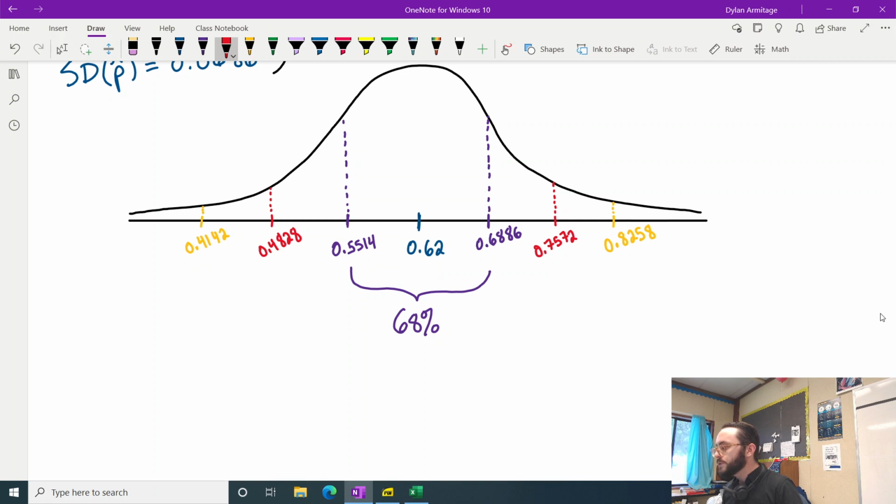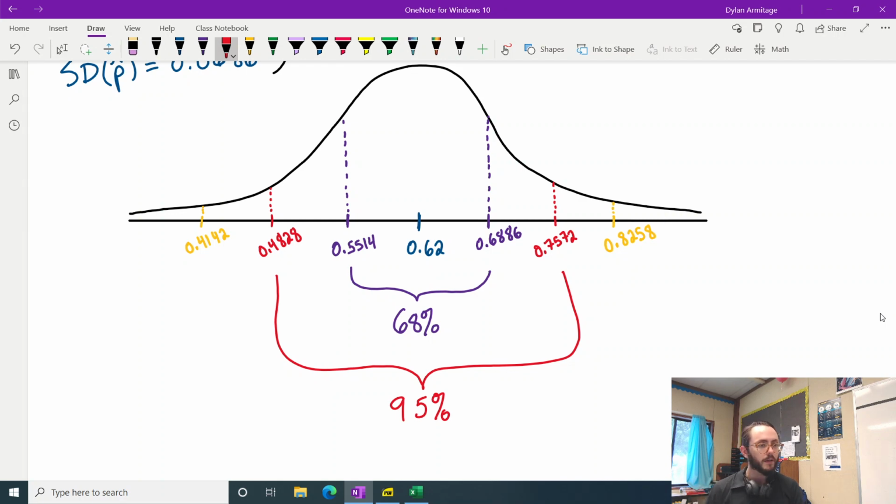Between two standard deviations, we would expect about 95% of our data.